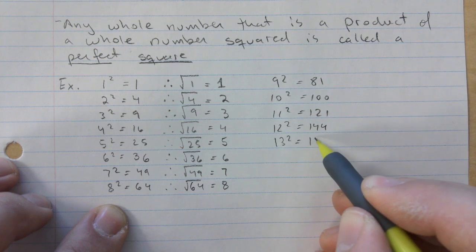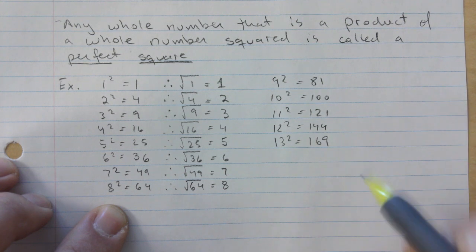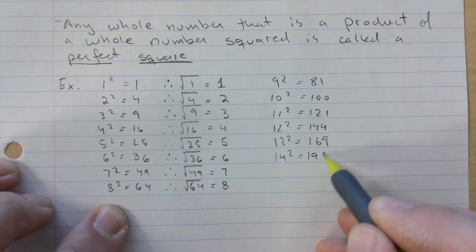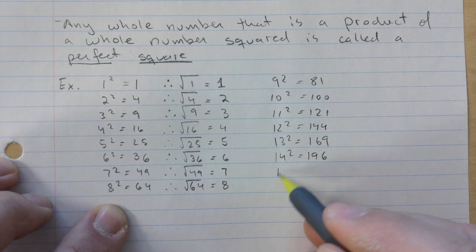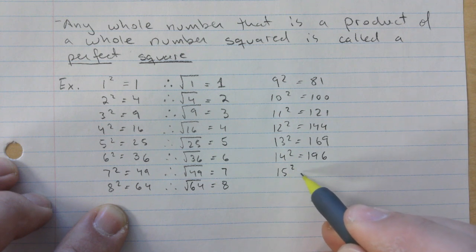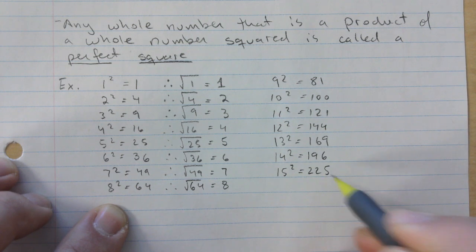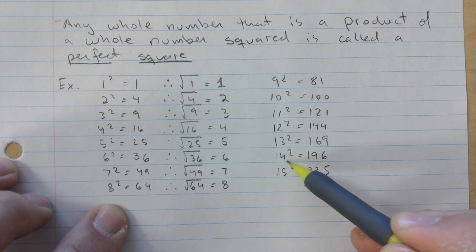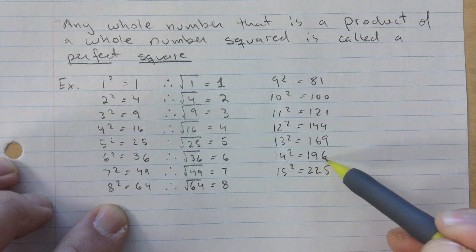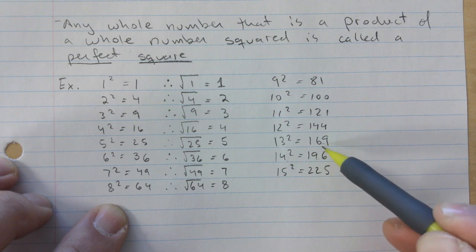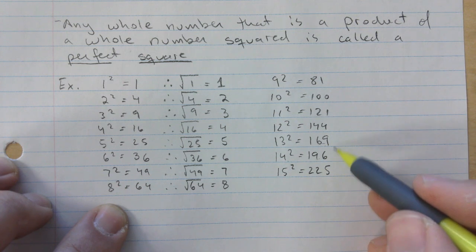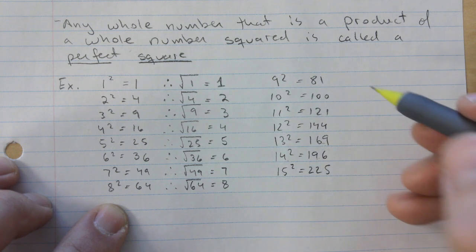Okay, 13 squared is 169, 14 squared is 196. Some students mix them up, like the 13 squared is 169, 14 squared is 196. Notice that the 9 and the 6 are flipped. That might help you memorizing it, right? Because you know that this one is bigger than 13 squared.